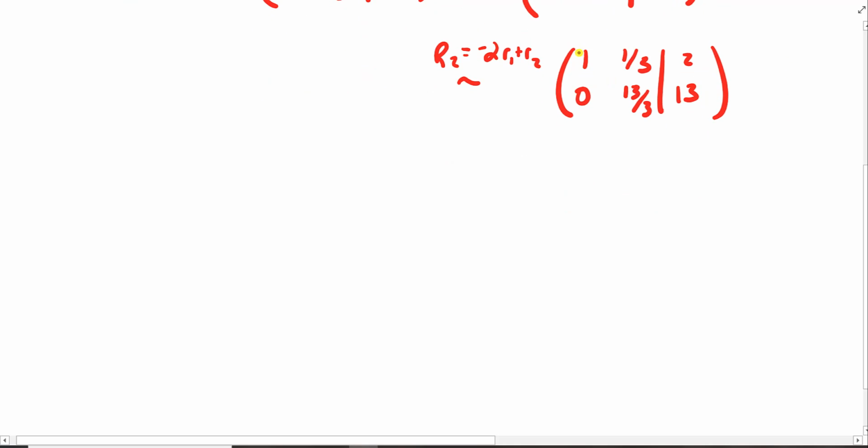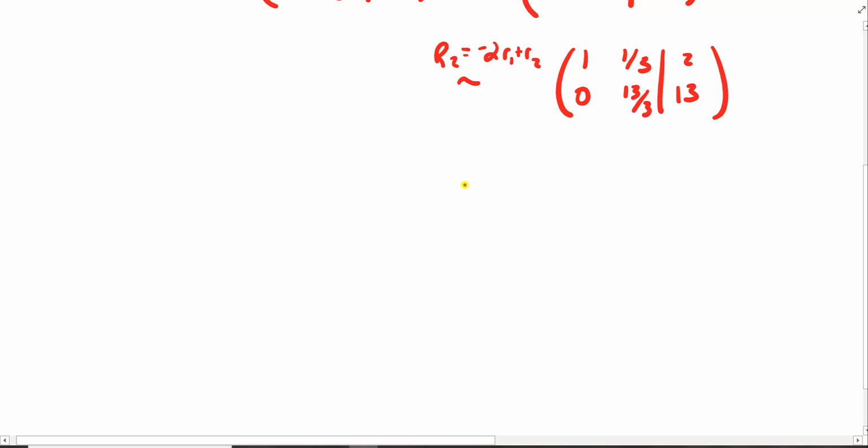So now that I've worked with this pivot position and gotten zeros above and below it, my next potential pivot position is 1 down and 1 to the right of it. And as long as at least one of the subsequent rows has a non-zero entry in this column, we'll be able to make this column a pivot column. Well, there are not too many rows to consider here, but it is possible to get a 1 in this pivot position. So what are we going to do?